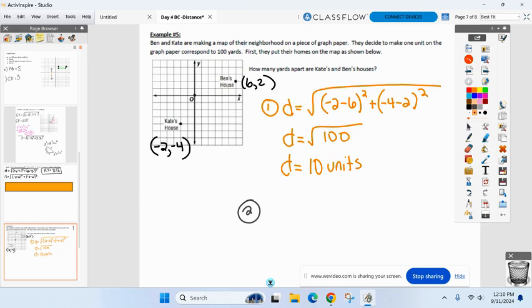Okay, what do we plug in? What's that x coordinate? You know your x's versus your y's, Miriam? X's always come first. Yeah. So it should be 6 minus negative 2.